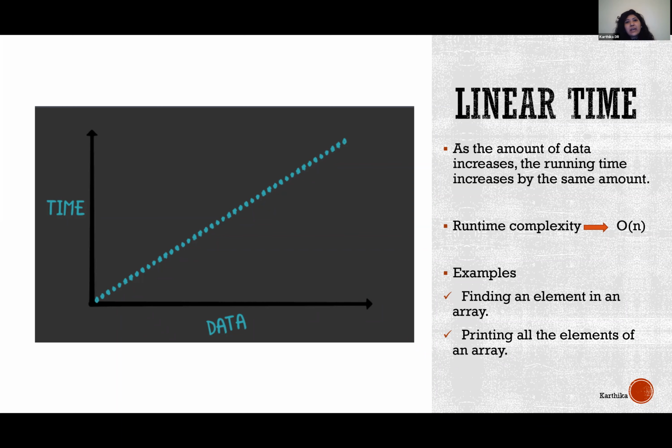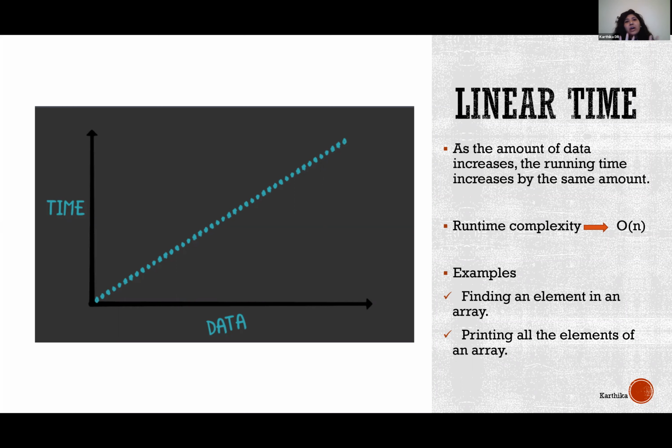In the worst case scenario, it has to go through all the elements in the loop and then give us the result if a particular element is present or not, or printing all the elements.